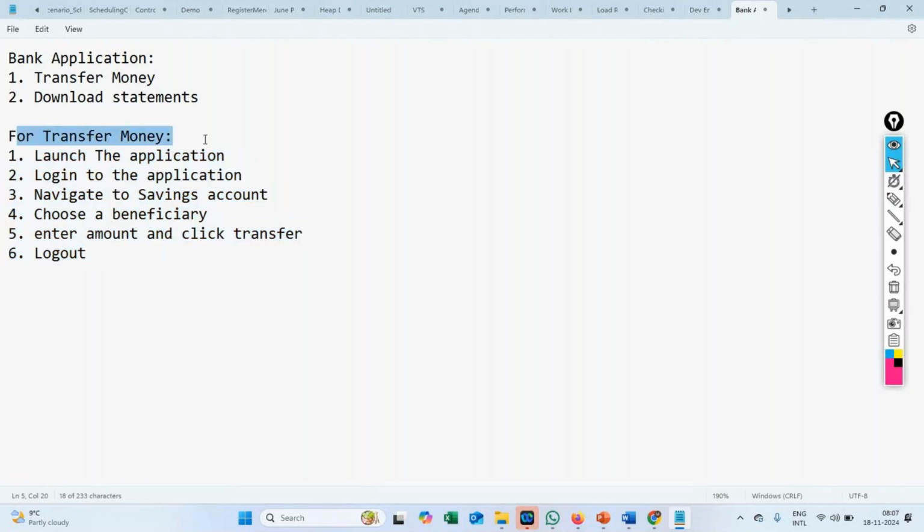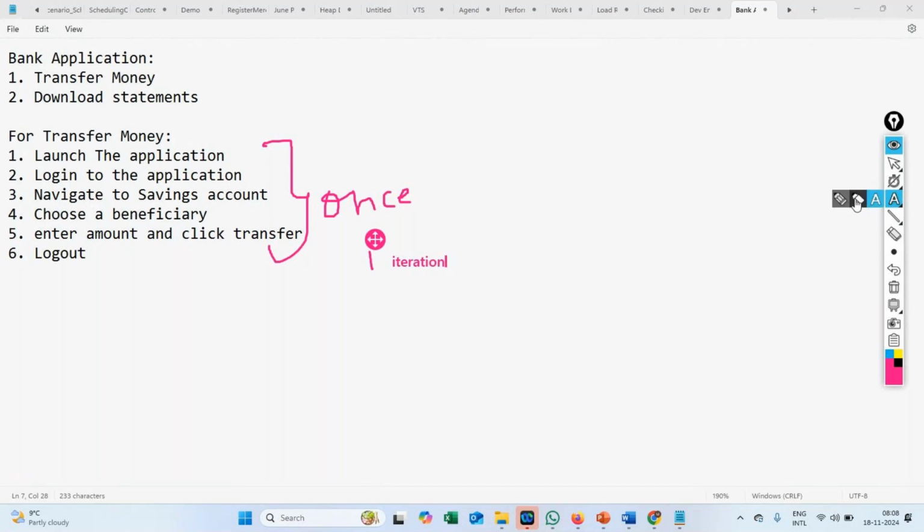Now, when you execute all of these transactions once, that will become one iteration. If you execute all of these transactions twice, that will become two iterations.